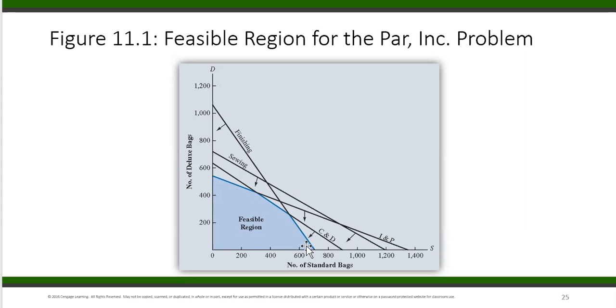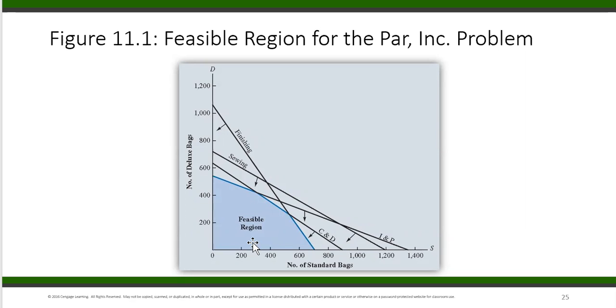Finding the intersection of all these 6 constraints, or 6 half spaces, this blue region is where all 6 constraints are satisfied. This is the feasible region, the set of all the solutions that are possible.